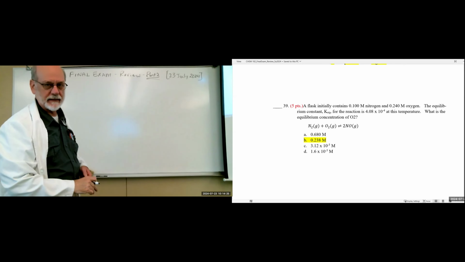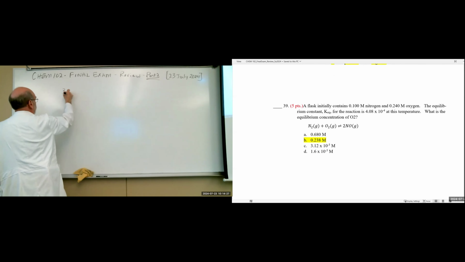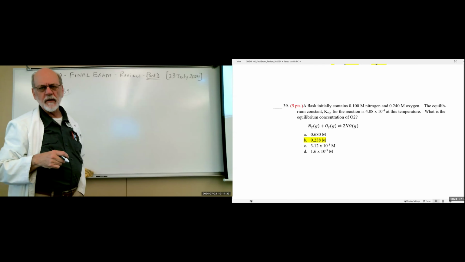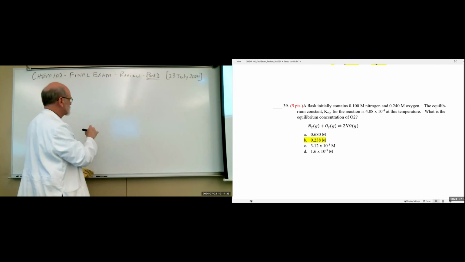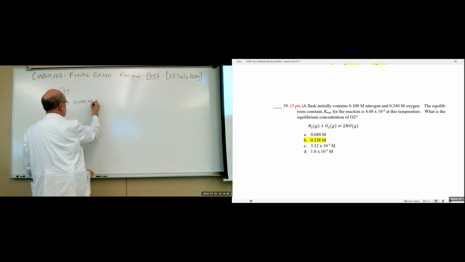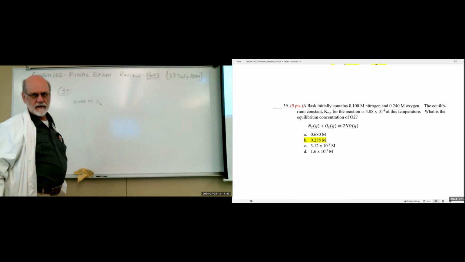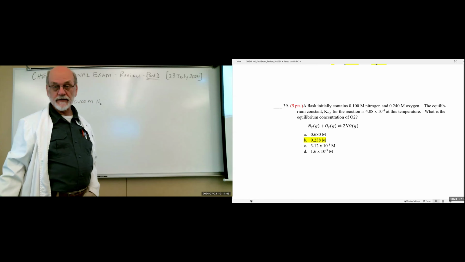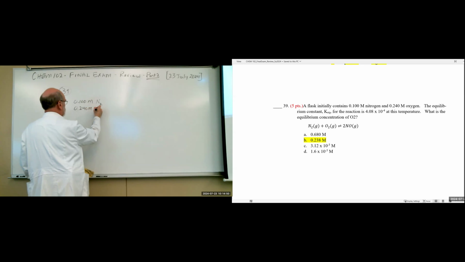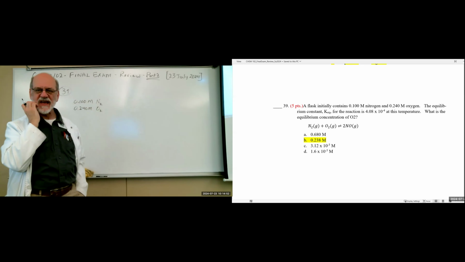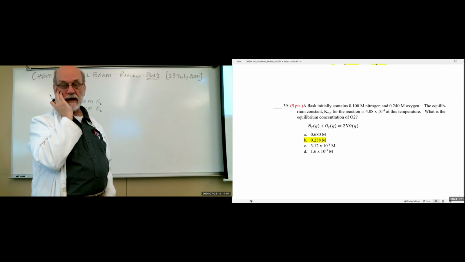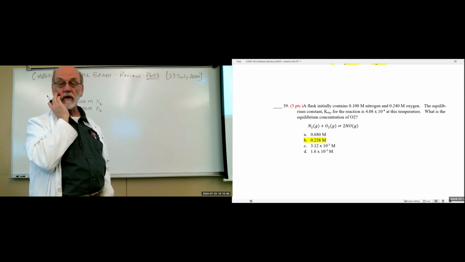All right, 39. A flask initially contains 0.1 molar nitrogen gas and 0.24 molar oxygen. The equilibrium constant for the reaction is 4.08 times 10 to the minus 4 at this temperature.